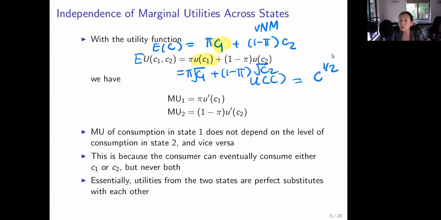But if I ask you to compute the expected value, then you do this. You don't need to put in the utility function first. You just take whatever the value is, multiplied, and that's the expected value. Okay, so I hope that I don't see this mistake in the problem set or in the exam.